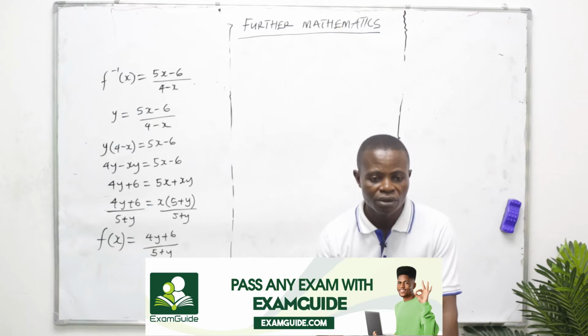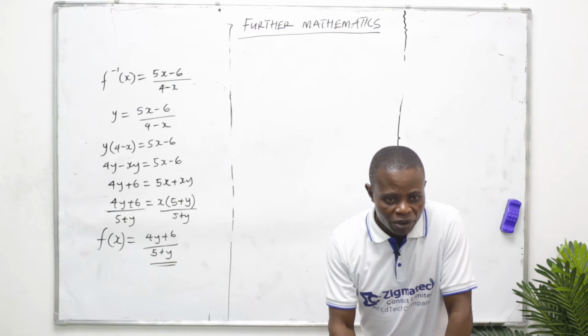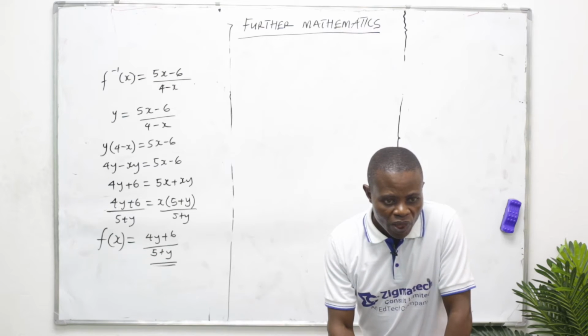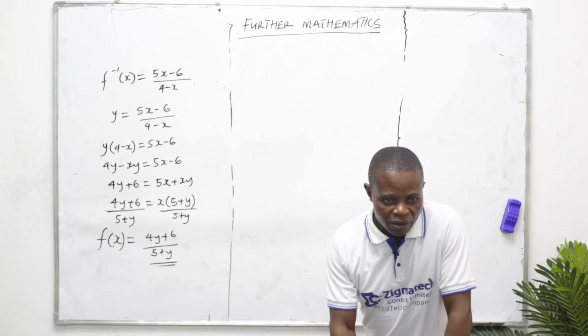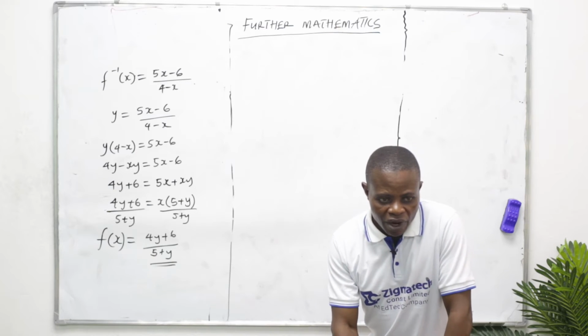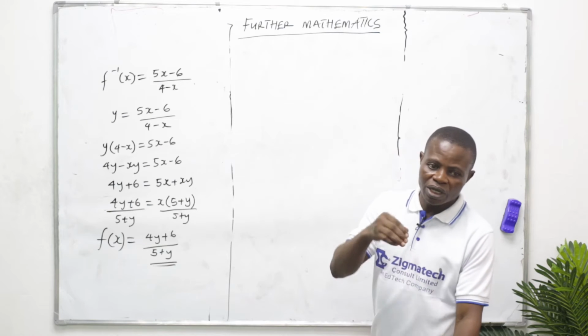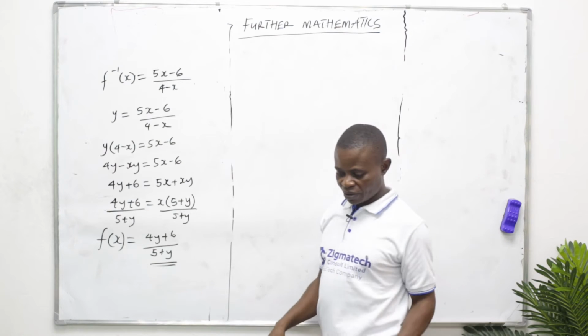Now, we need to solve the b part of it. Given that f of x is this, find the value of x for which f of this equals 5.